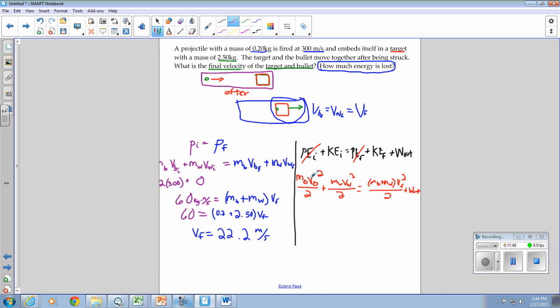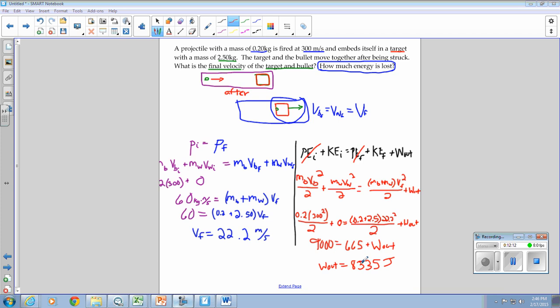We have all of these terms, and you're solving for the work out. The velocity of the target initially is 0, so that term is 0. Solve for work out. That becomes 9,000 minus 665. Solving for work out is 8,335 joules for our work out, or the energy lost.